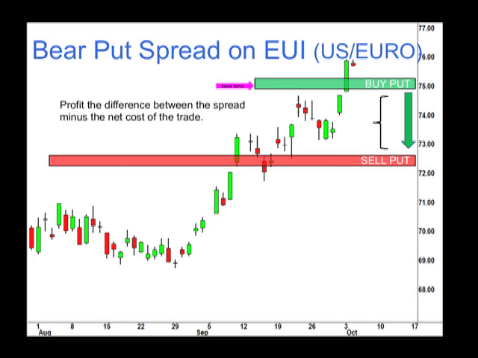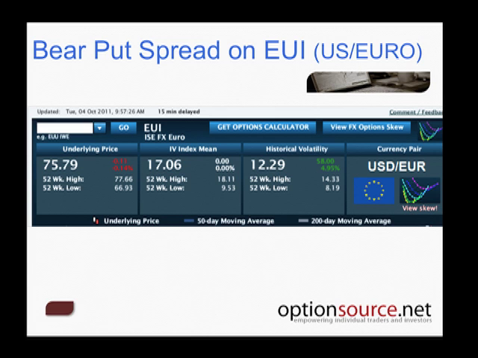But either way, over the next couple of months, we can capitalize on the difference between the 75 strike down to the 72.5 strike. So our profit is going to be the difference between the spread, in this case 75 down to 72.5, minus the net cost of the trade.